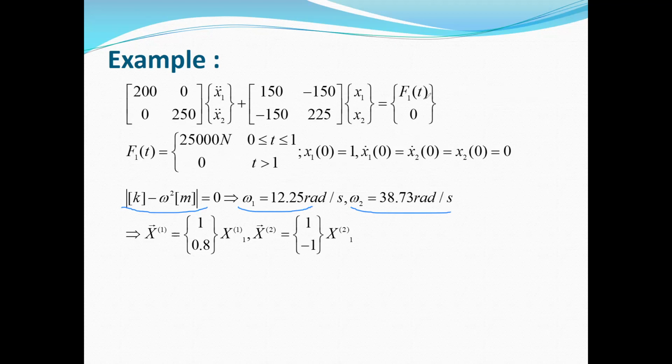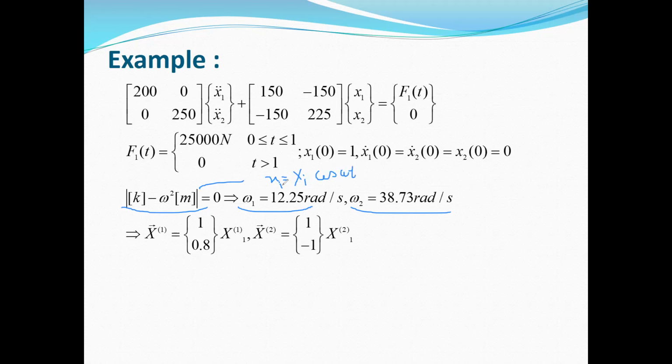And now we need to form the mode shapes. To find the mode shapes, we have this equation, k minus m omega squared. You know, this equation comes from the initial assumption. We assume that the response x i is equal to uppercase X i multiplied by, for example, cosine omega t.